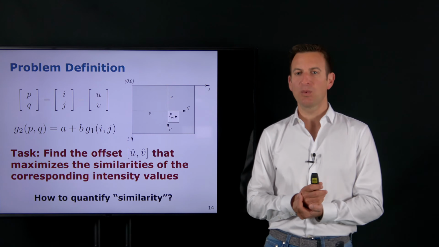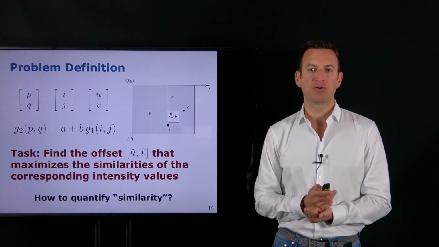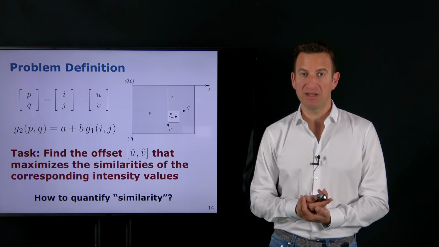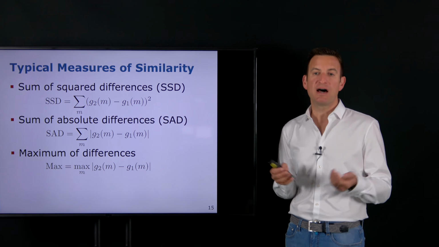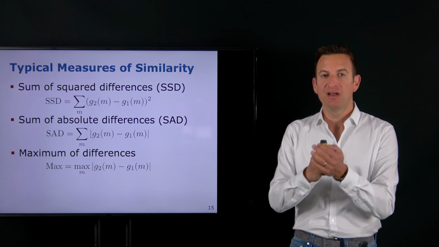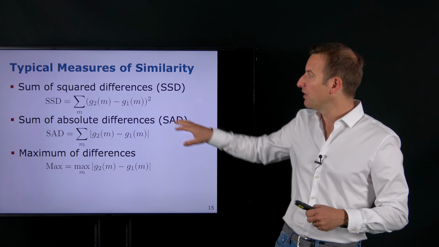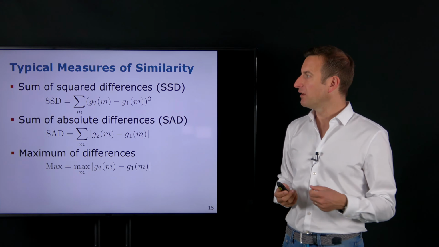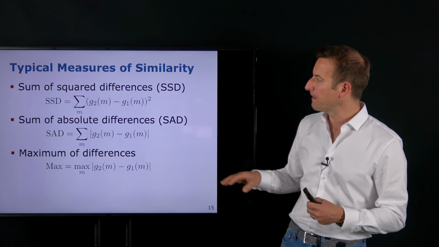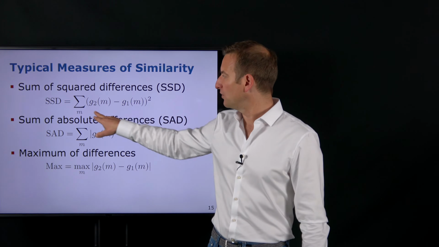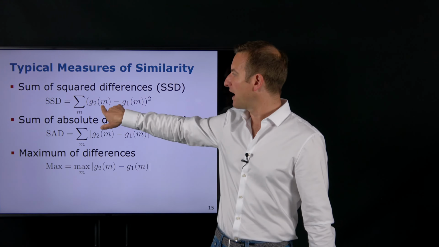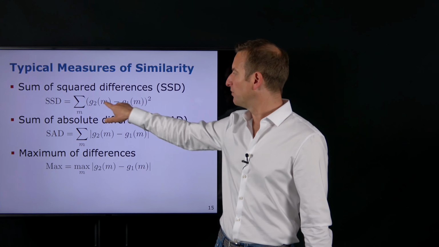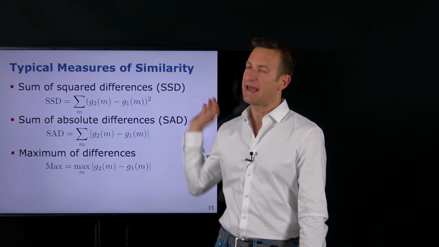Okay, so what are typical ways for computing similarities between images, between intensity values? There's a quite large set of ways you can do this, so let's go through the most standard ones. First, the sum of squared differences, or SSD. We take the intensity value in my template, subtract the intensity value in my original image. For every single pixel, I compute the difference, I square it, and I add all of them up.